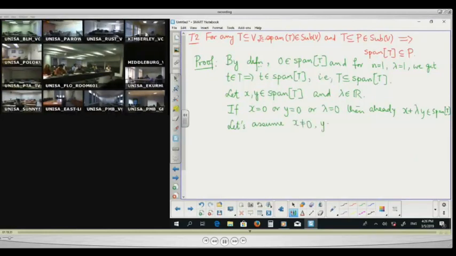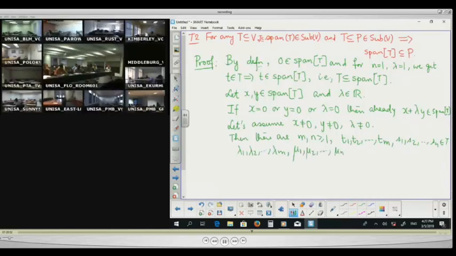Then there are natural numbers m and n, t1, t2, ..., tm, these members coming from T, lambda 1, and so on.